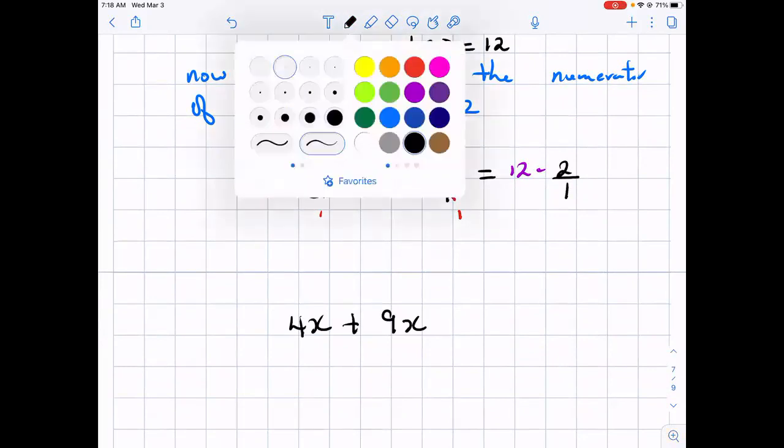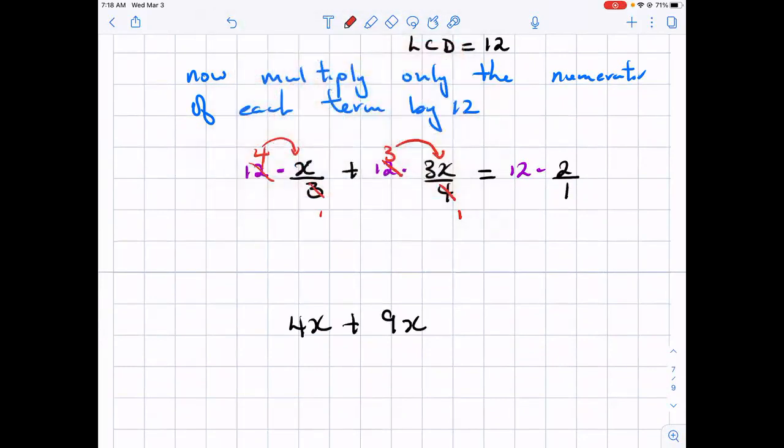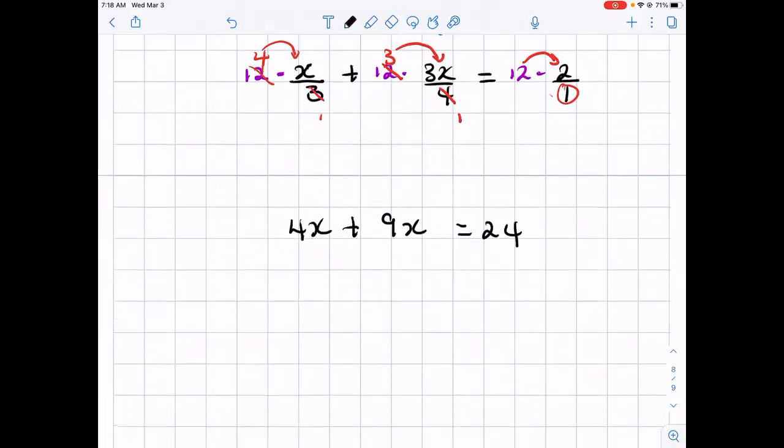And you will notice also, the 12 and the 1, there is nothing really to cancel because this is already a 1. So you get 12 times 2, and that is equal to 24. And notice now, there are no fractions. And that was the idea of multiplying by the lowest common denominator, so you can get rid of your fractions. That was your whole idea.